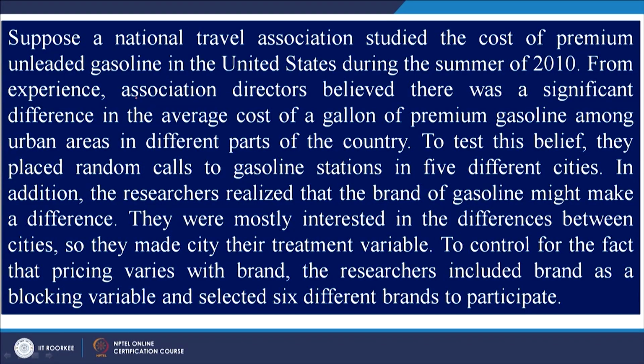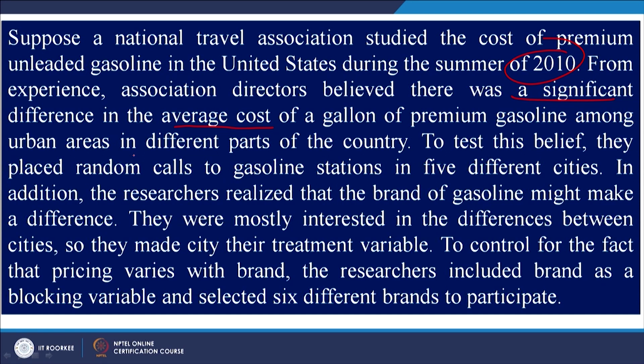Let us look at one more example. Suppose a National Travel Association studied the cost of premium unleaded gasoline in the United States during the summer of 2010. From experience, the director of the association believes that there was a significant difference in average cost of gasoline among urban areas in different parts of the country.